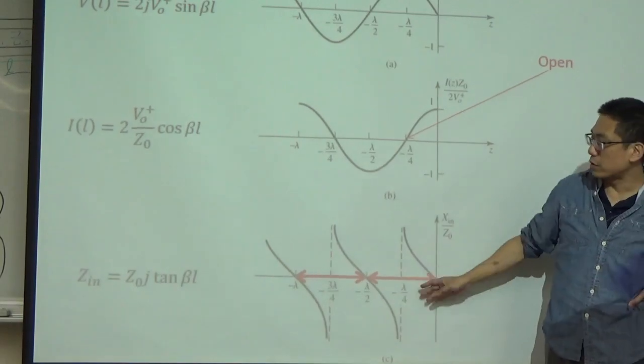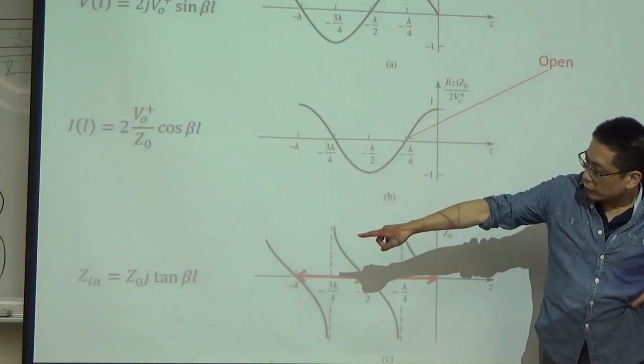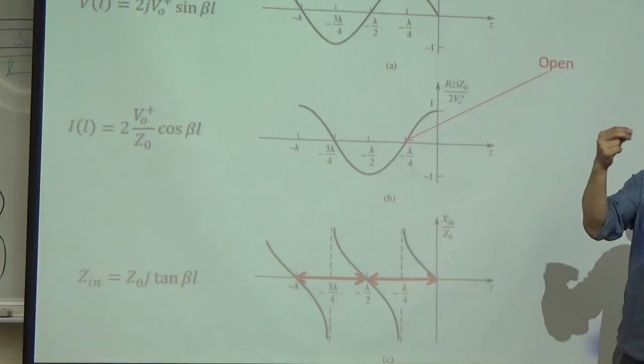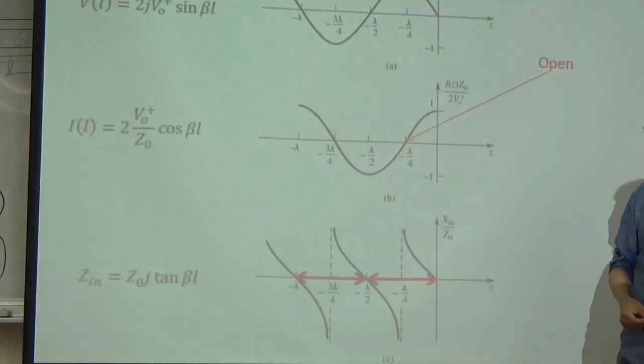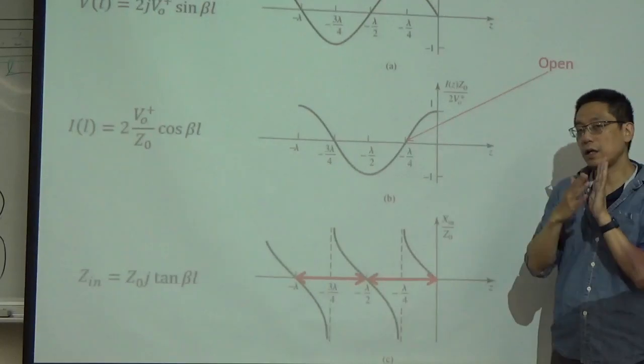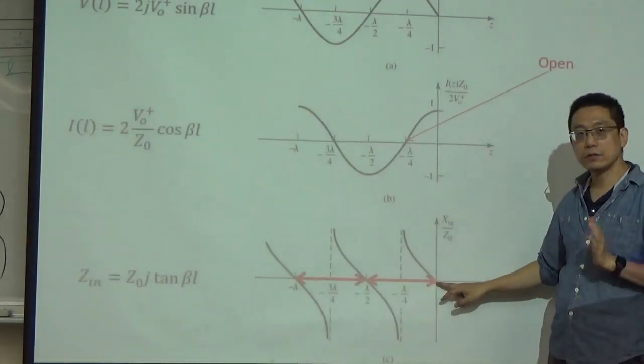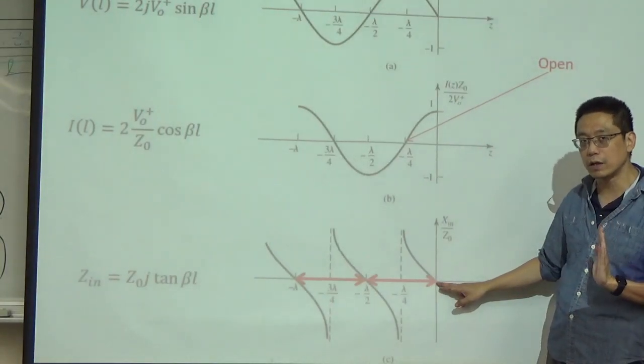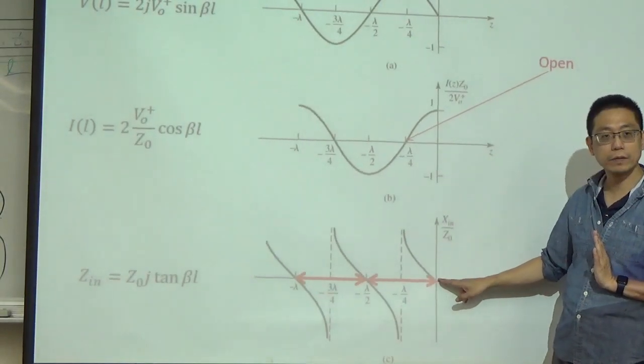So you can also look at the input impedance at anywhere of the transmission line. Because it is short at the end, the input impedance at Z equals 0 is 0.